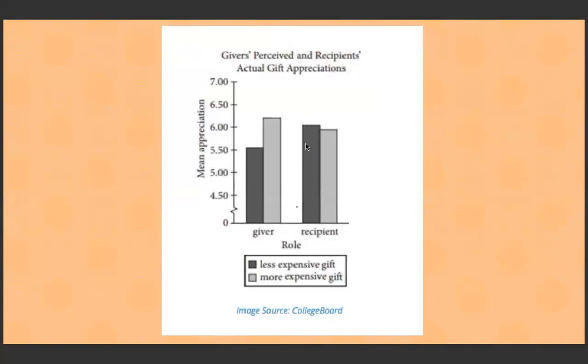Not only do I appreciate the less expensive gift, I actually appreciate it more than you think, or even more than the expensive one. The giver here perceives or thinks that you appreciate more expensive gifts. And the recipient says, well, not really. It's fairly equal. Any gift is appreciated, but actually they appreciated the less expensive gift.